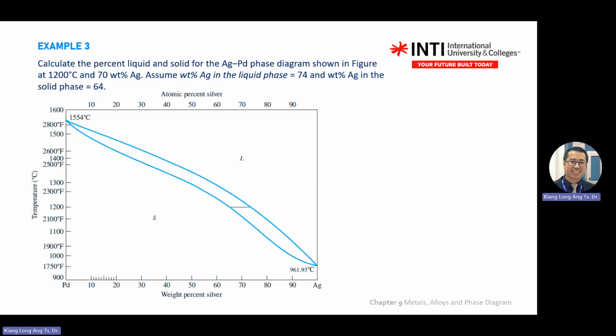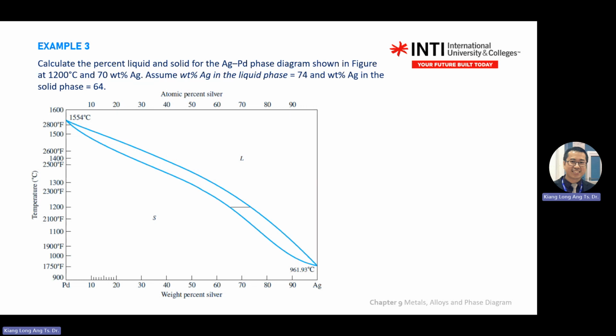Then look at the temperature, 1200, draw one line. You have formed your tie line already. When you form your tie line, label LOS. Just be careful, it's not always L on the left. You need to read the graph carefully. In this case, the L is on the right, so you label SOL.